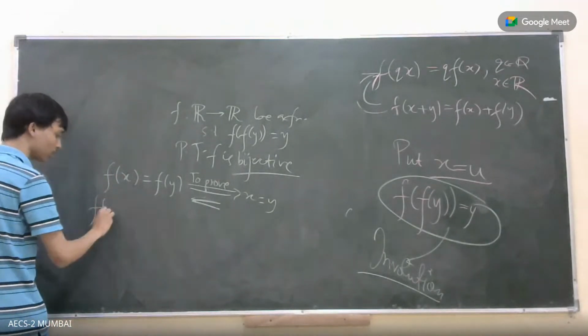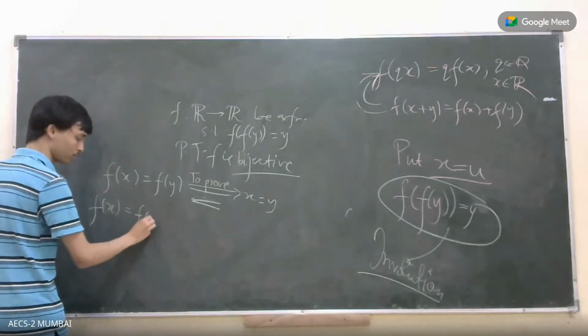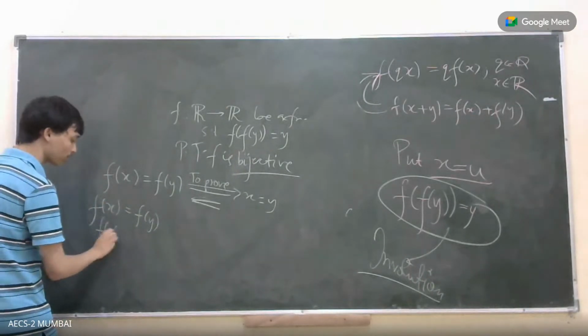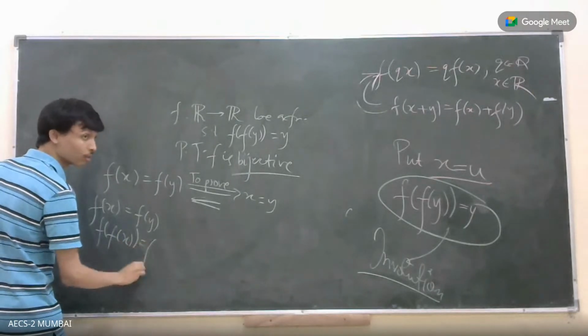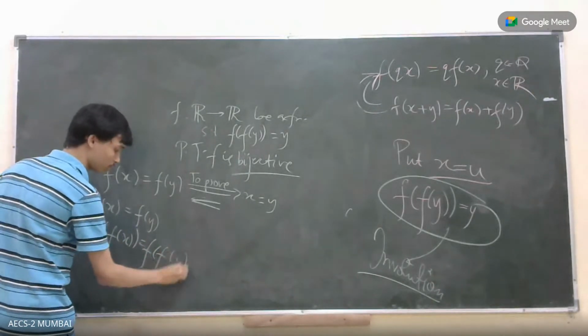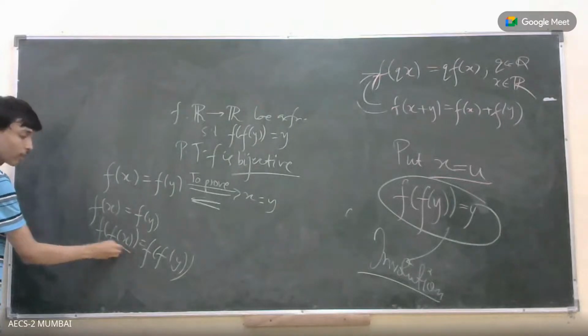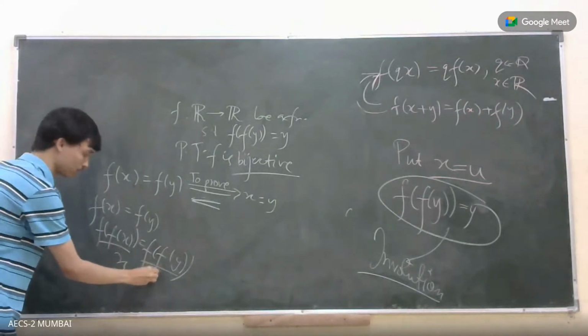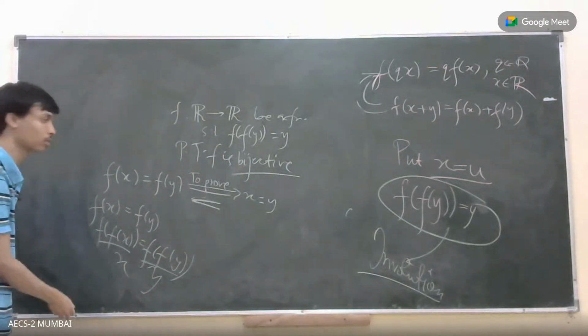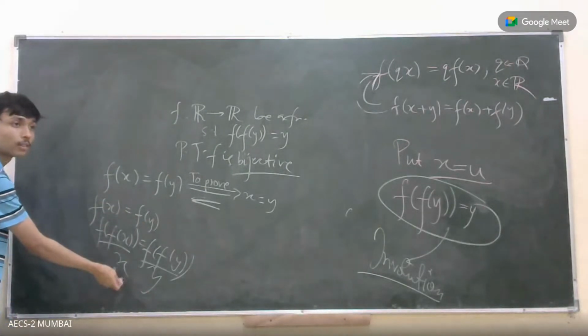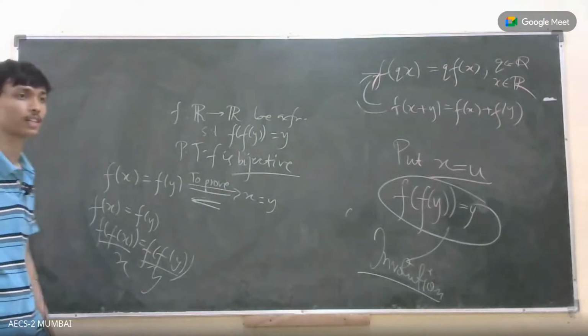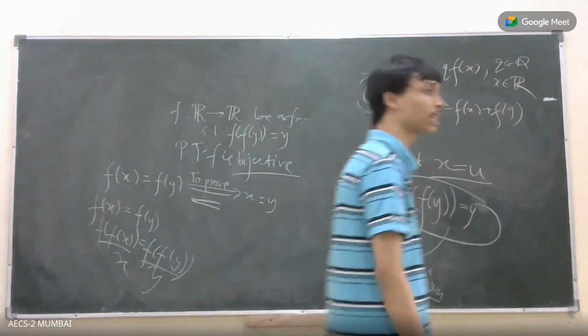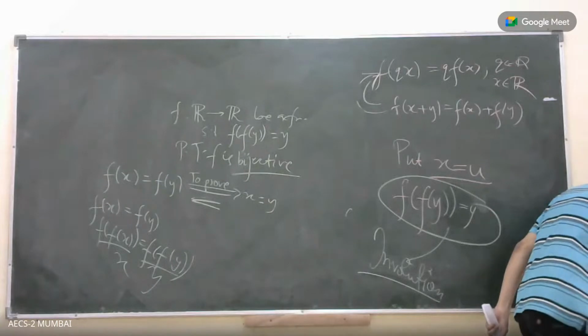Now you see, if f(x) equal to f(y), then f(f(x)) is equal to f(f(y)). What is f(f(x))? x. What is f(f(y))? y. So f(x) equal to f(y) implies x equal to y. So f is injective. f is surjective also. Can anyone see why?